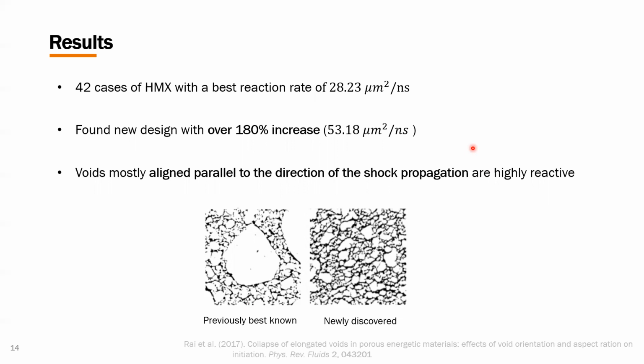Using our suggested framework, we found a new microstructural design with over 180% increase compared to the initially best known, through only a few design iterations. Furthermore, we observed that voids mostly aligned parallel to the direction of the shock propagation are highly reactive, which corresponds to the results shared by Wright et al. in 2017.